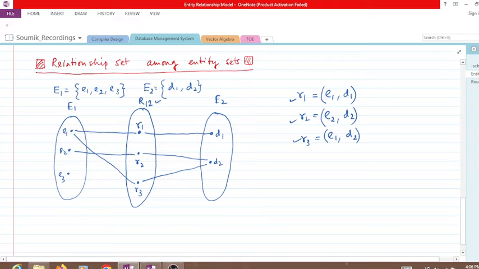Now this R12 is called the relationship set. Why? Because it is holding the relationship between the entity set E1 and the entity set E2.